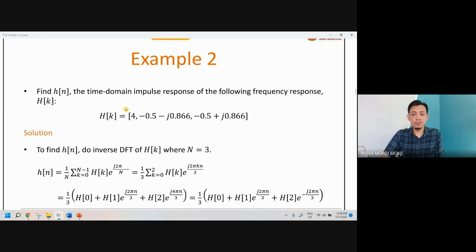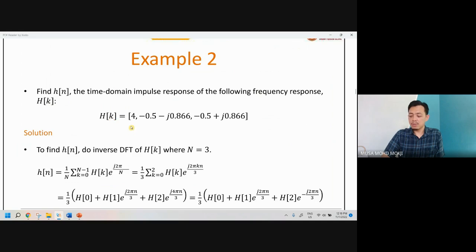You can refer to frequency response as physical frequency, as small omega, the angular frequency of a discrete time signal, or as small f, capital omega, but this one is referring to a discrete frequency, because the index is k.